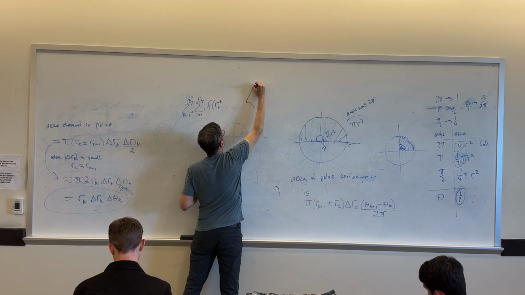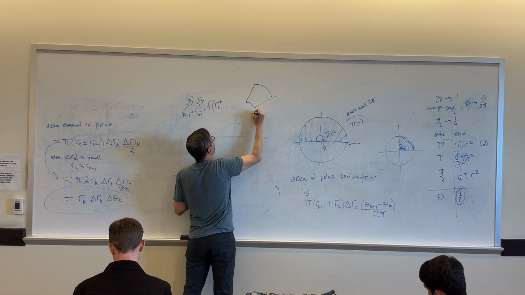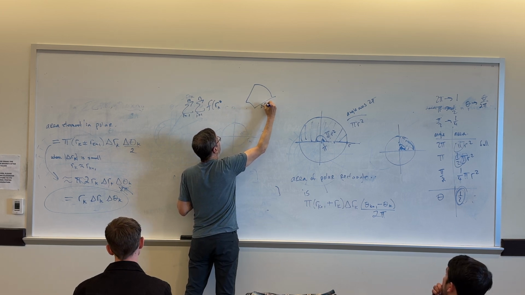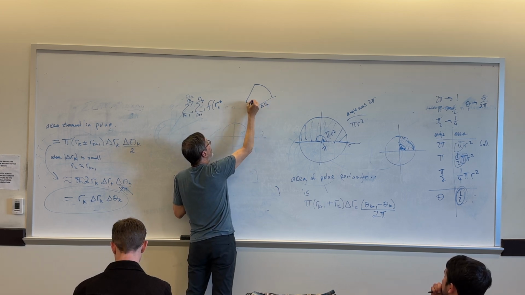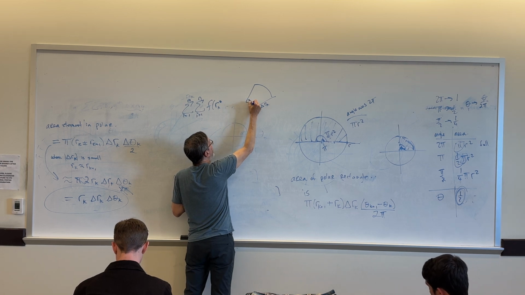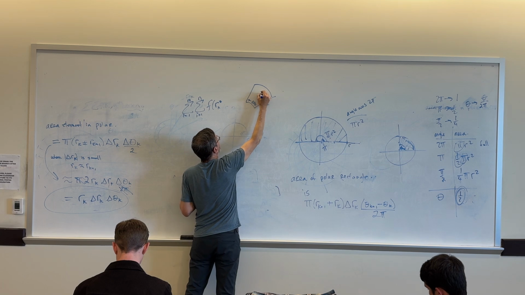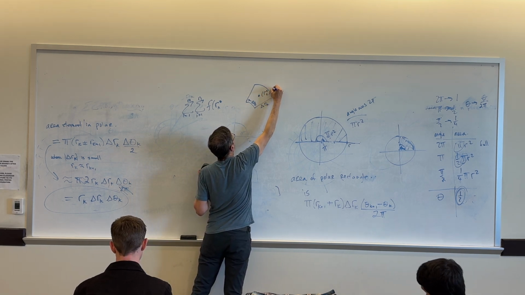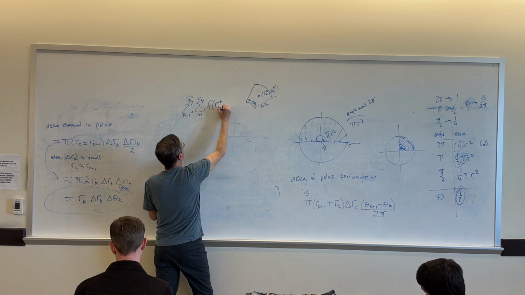Let's draw a little picture here of where this is all coming from. So this is going to be my delta r sub k. This is going to be my delta theta sub k. And then inside here, I'm picking a point r sub k star, theta sub k star. That's the representative for the whole little rectangle.